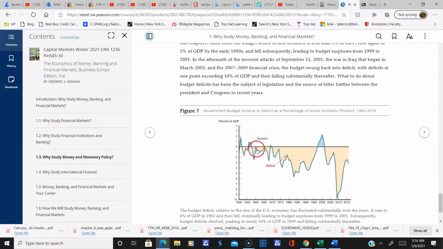So here's the government budget surplus or deficit. The blue is the surplus, which hasn't happened, and you can clearly see how the deficit is growing. This is from 2016, so you can imagine with the coronavirus spending and all the funding, that deficit is way down here now.